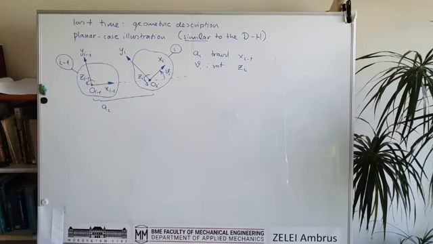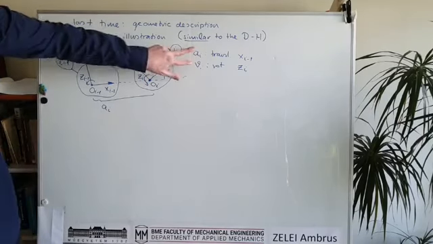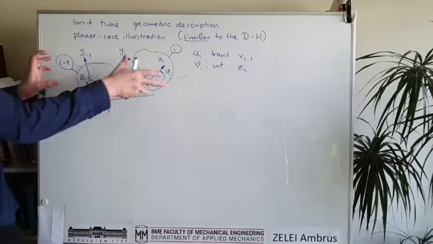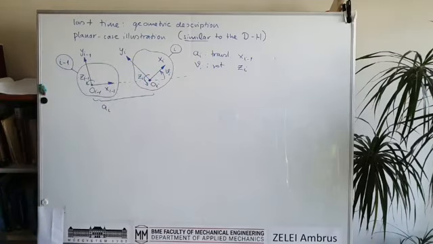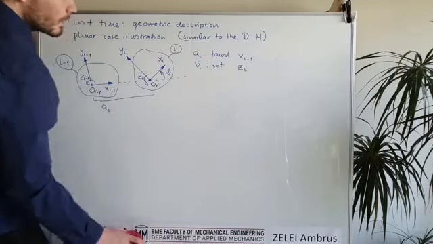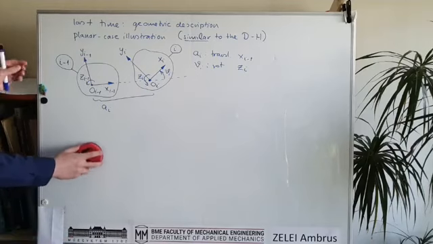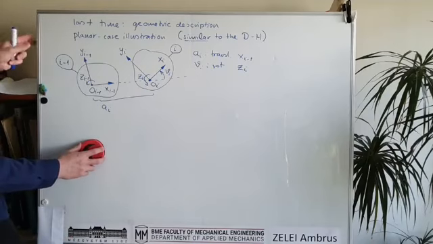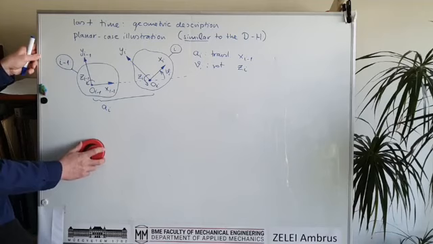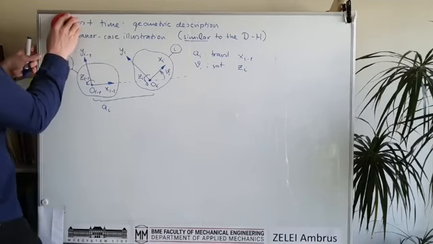Okay, so this was what we introduced, and with these two parameters we can describe the relative orientation of rigid bodies, and we said that we will have an example. So let's see the example which will help us to better understand everything.